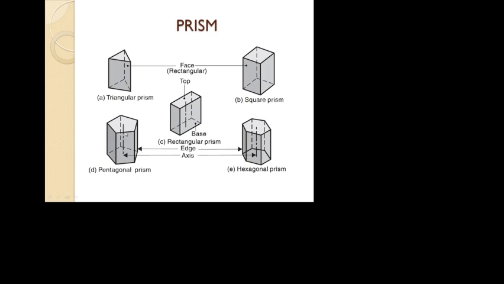Okay. Then pyramid. Pyramid is also similar: triangular, pentagonal, hexagonal pyramid. So a pyramid has slant edges. There is a difference. Here in a prism, you can see the full faces, rectangular faces. Here also you can see the slant edge.